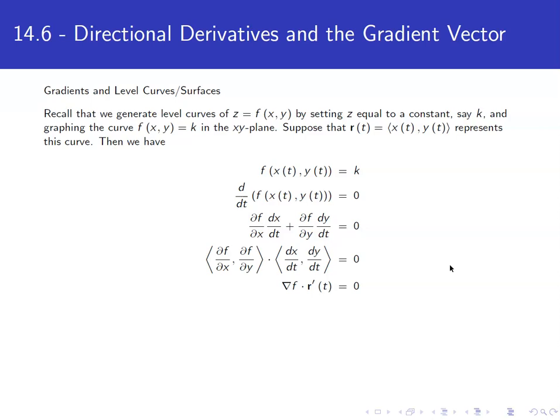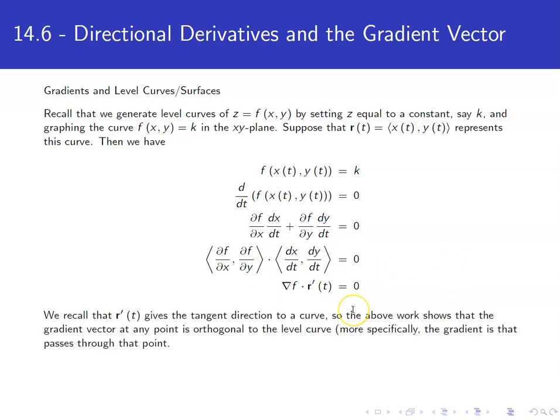So this says the gradient vector is orthogonal to the derivative of the function. Remember, the derivative of the function gives us the tangent direction. So this tells us that gradient vectors are orthogonal to tangent vectors.